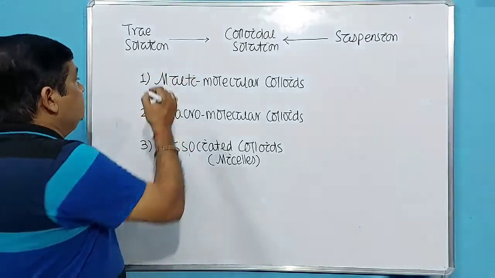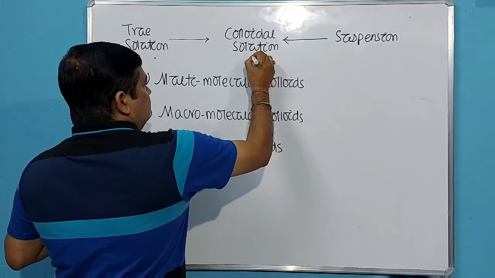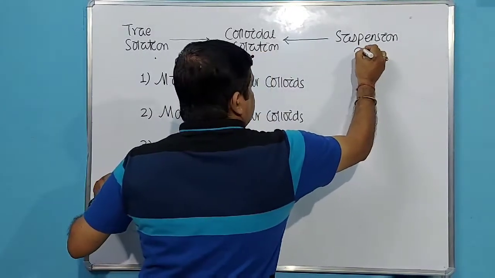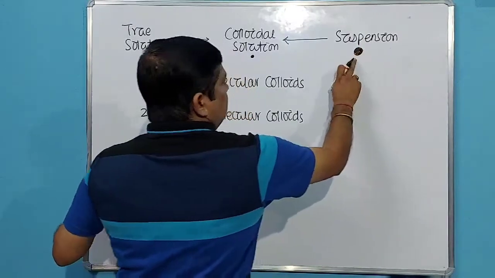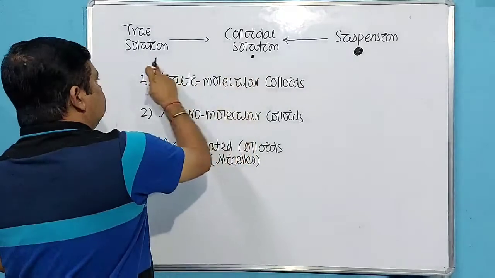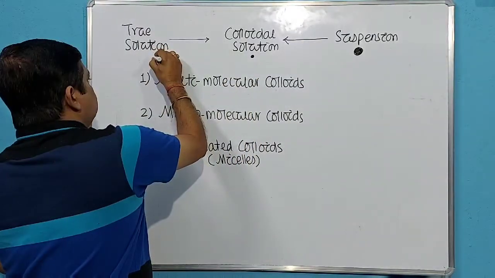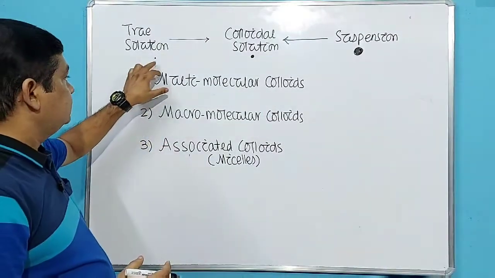How? Now as I told you, it is an intermediate between true solution and suspension. So in case of suspension, what is the difference? Now the particle size is the largest, it is intermediate in colloidal solution, and it is smallest in case of true solution. So with respect to particle size, we may differentiate them.